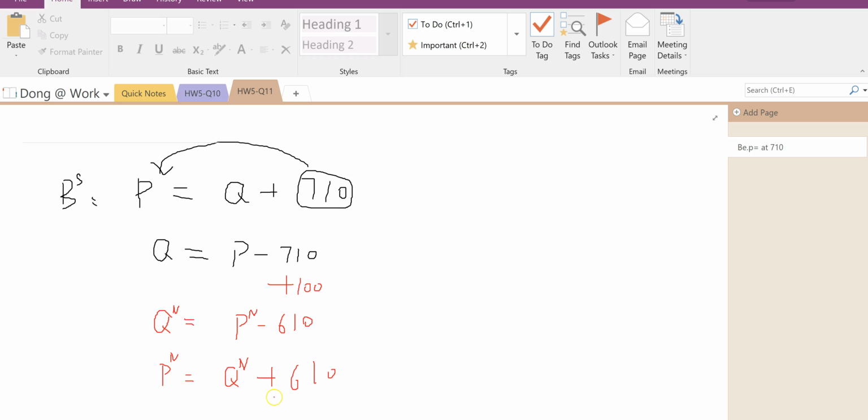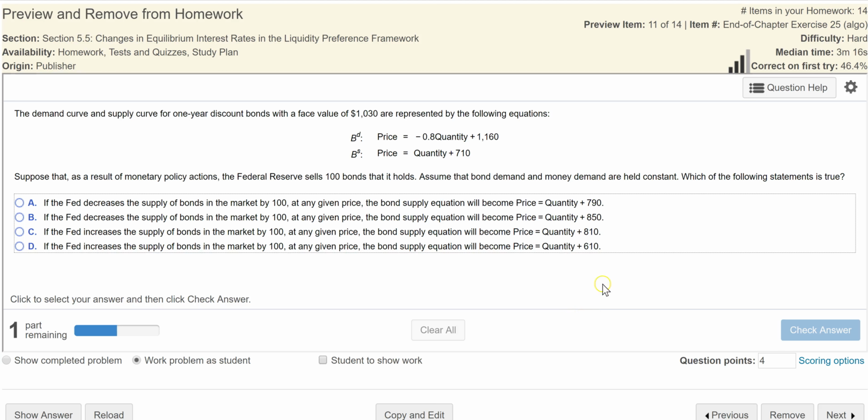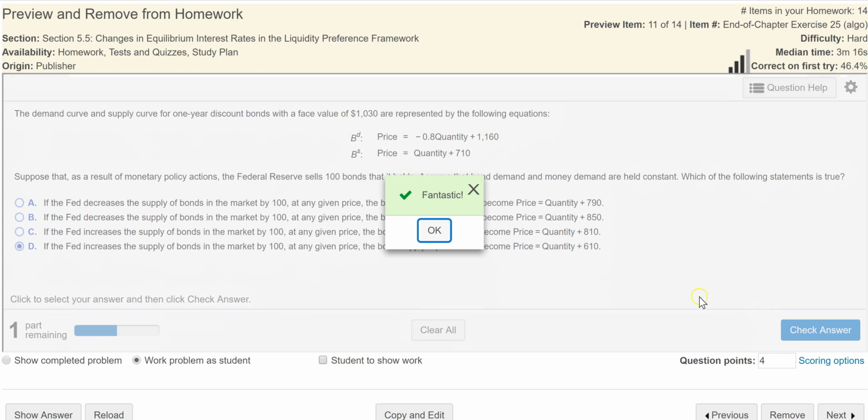So you can see, compared to the original equation, this is the new supply curve. Actually, you don't add to 710, you subtract 100 from that 710 to arrive at 610. So then we should choose D here, right?